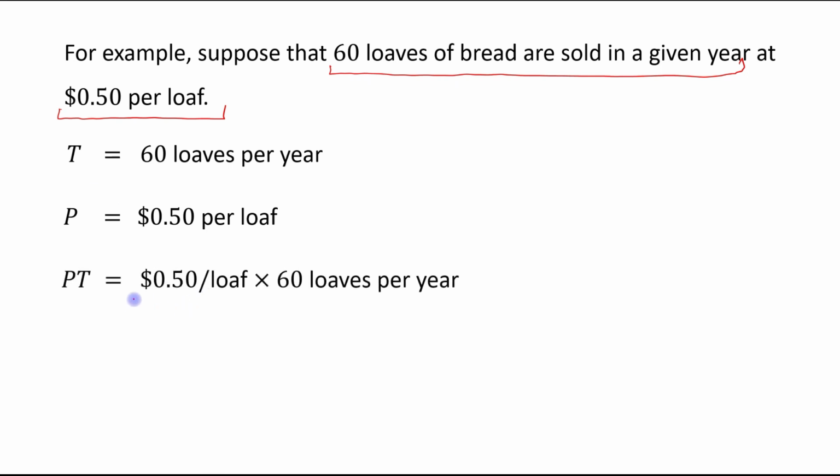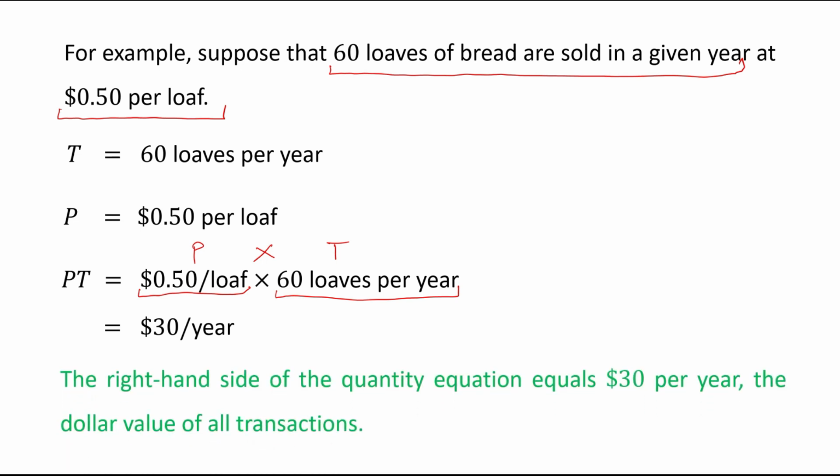Okay. So the right hand side of the quantity equation, which is price times transaction, will be equal to $0.50 per loaf times 60 loaves per year. This is P and this is T. Okay. In the next step, we can write it as $30 per year. So basically it means that the right hand side of the quantity equation equals $30 per year.